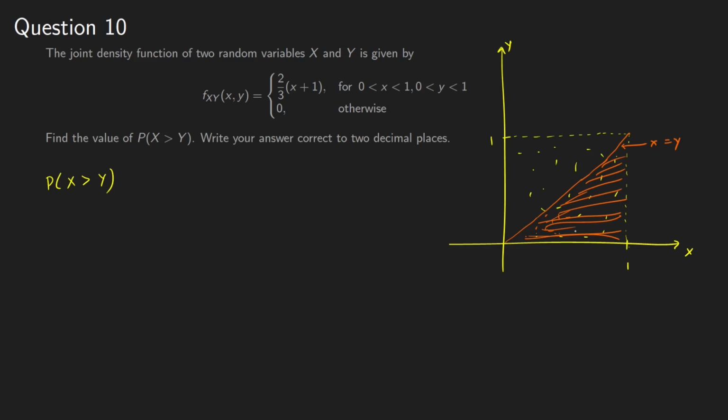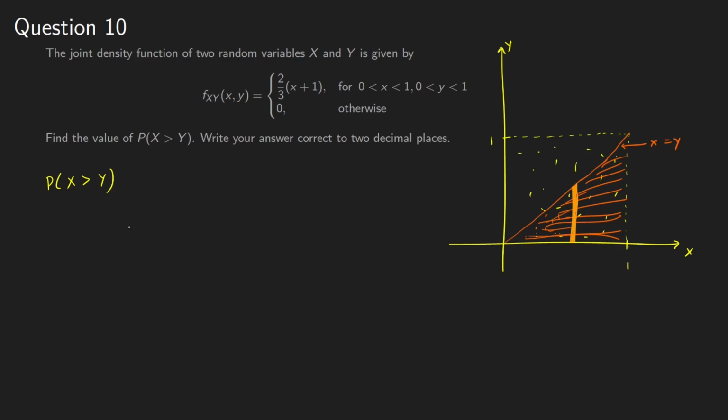For calculating this, we will need to add all the PDF's value, or integrate the PDF within this region. For integrating this, we will take any small, very thin strip in this region. First we will integrate along this strip, and then we will continue it from x equals 0 to x equals 1.